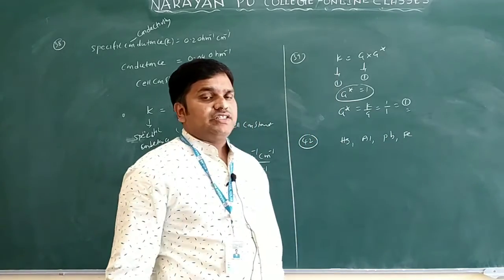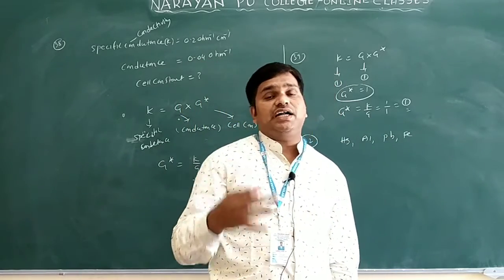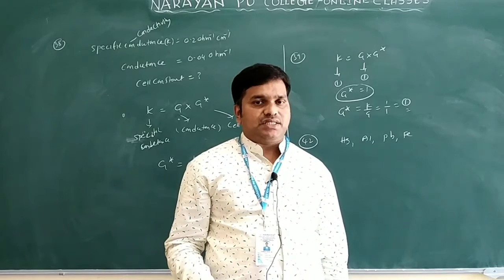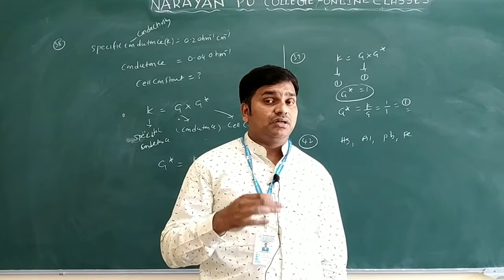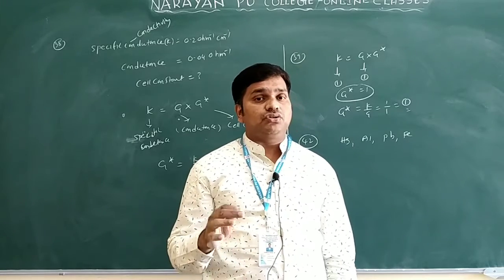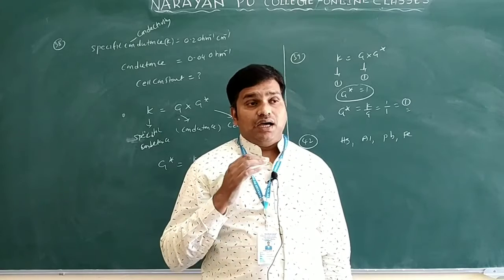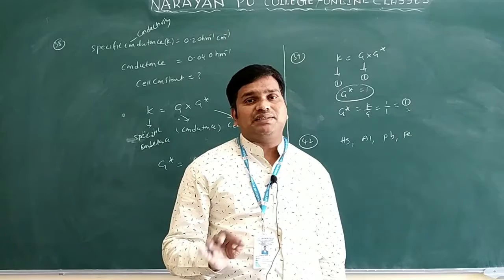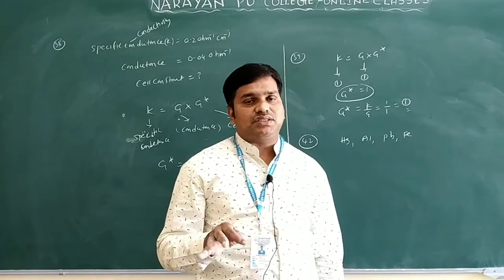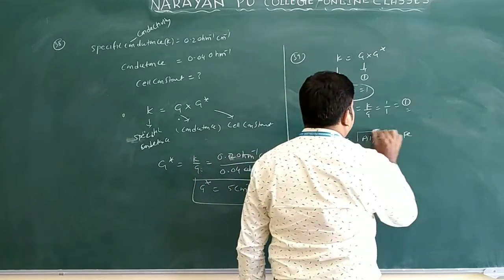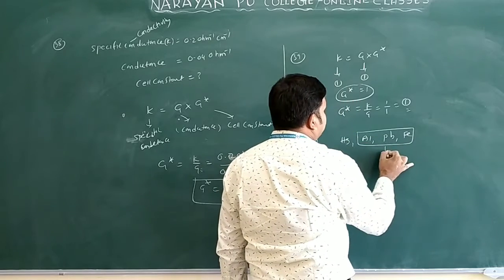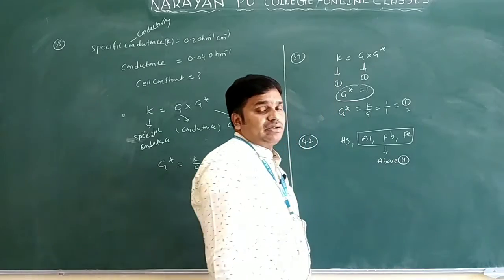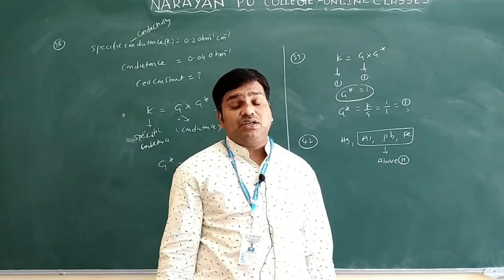Generally you know one concept: the metals which are present above the hydrogen electrode can displace hydrogen from the dilute acids or water. The metals below it cannot displace hydrogen from the dilute acids. Aluminum, lead, iron are present above hydrogen in the electrochemical series, so they will displace hydrogen from the dilute acids.